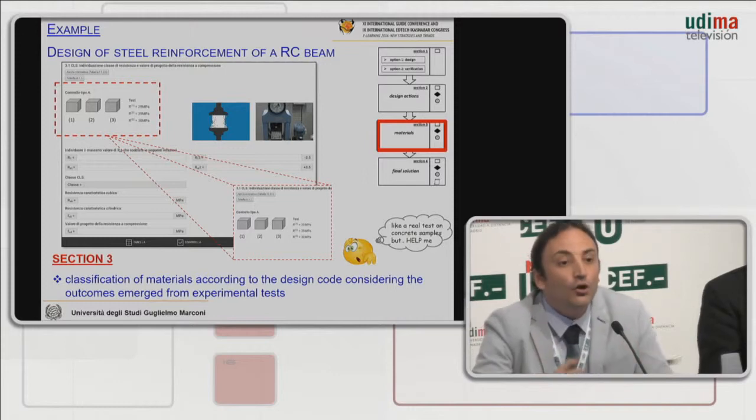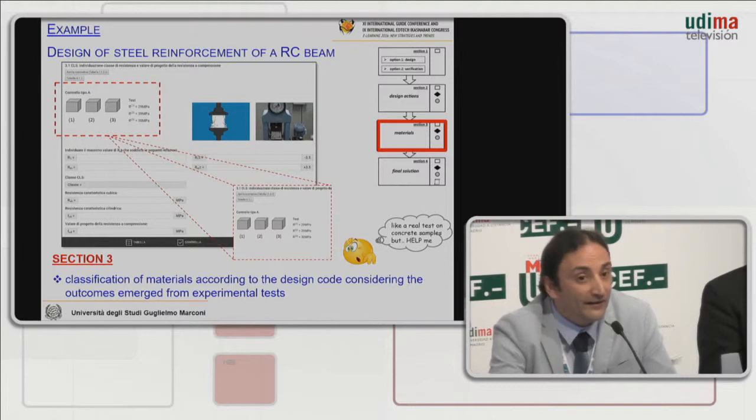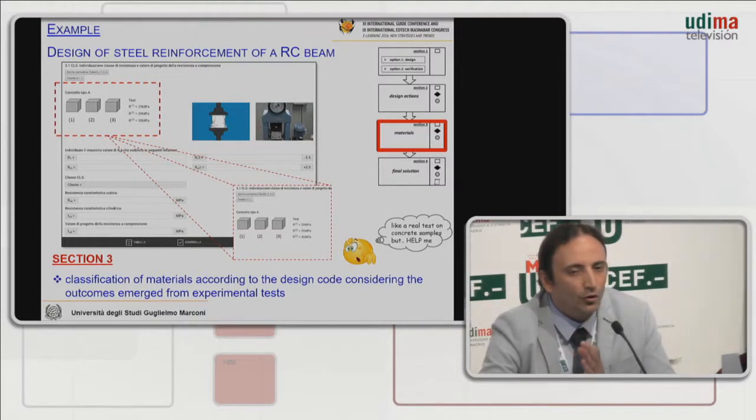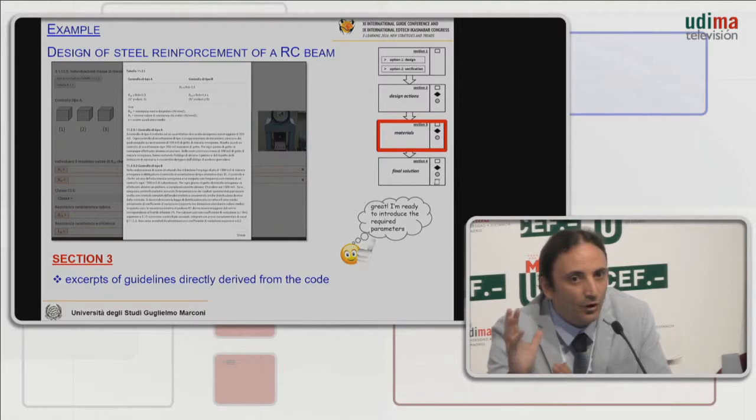In fact, students start the simulation. The system automatically and randomly generates the values of the compressive strength in the case of concrete. Then students, on the basis of these values and by consulting the specific excerpt of the code, are able to identify the class of the concrete.